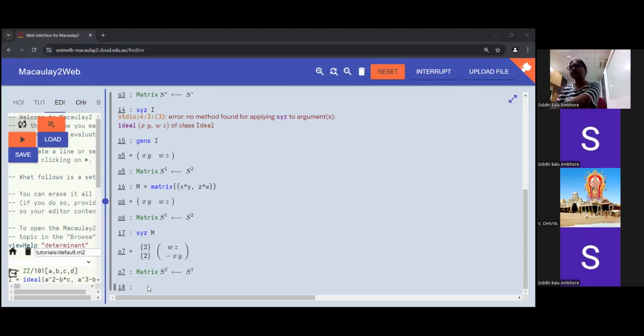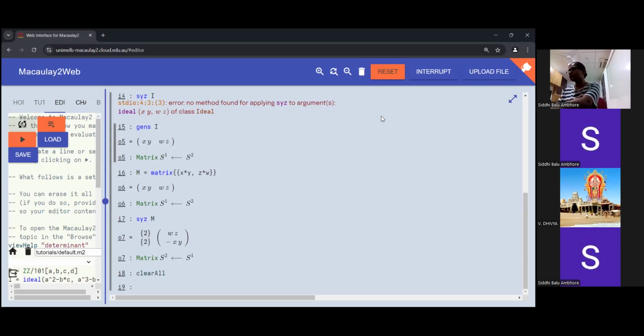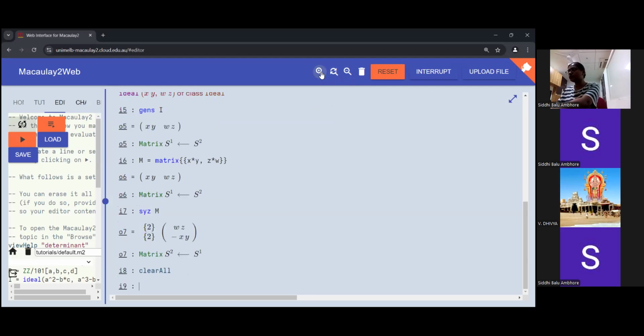I hope the Macaulay 2 screen is visible. Let me clear everything to avoid overlapping of variables, and zoom out a bit.